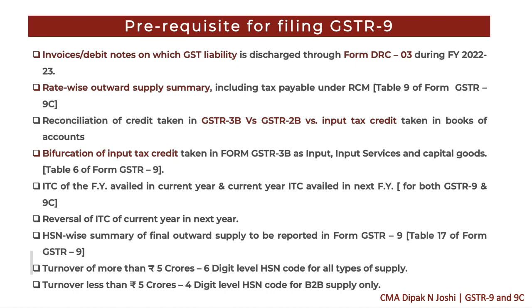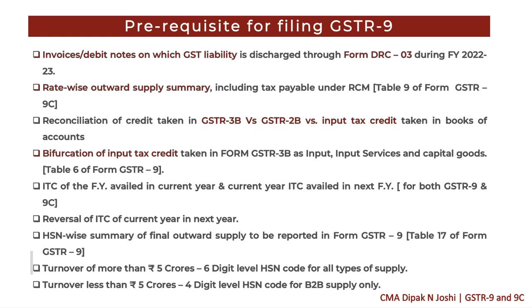Now, when you are paying tax through form DRC 03, the portal will not auto-populate those figures in table 9 of GSTR 9. So in that case, you are required to manually report the difference in the reason table, that this liability is paid through form DRC 03. And that is why the readiness of this information is important as far as filing of GSTR 9 and 9C is concerned.